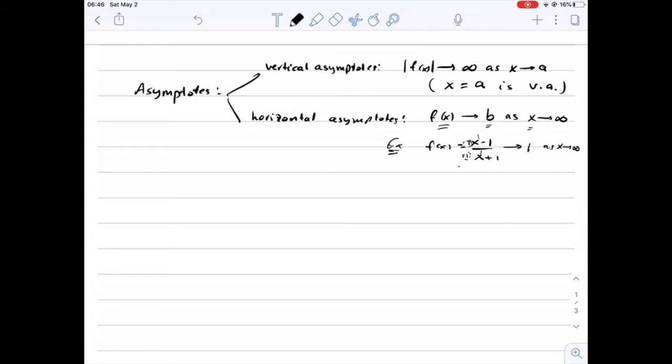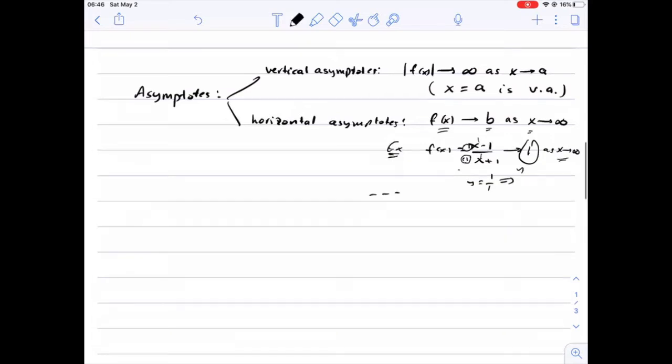The leading coefficient of the numerator is 1 and the leading coefficient of the denominator is 1, and that means we have 1 here, which is the value of y as x goes to infinity. We'll elaborate on this in a bit, but for now this is what we mean by horizontal asymptote. It's a horizontal dashed line and the vertical asymptote is a vertical dashed line.